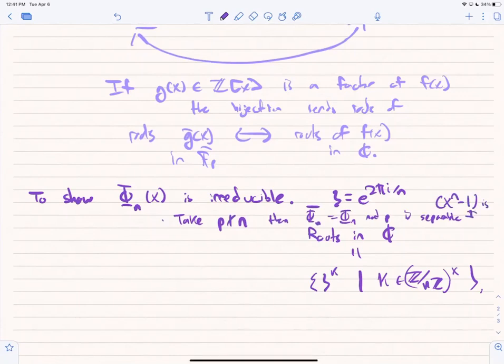So phi_n is in particular a divisor of x to the n minus 1, because the product is over primitive roots of unity, so in particular they're all nth roots of unity. And x to the n minus 1 is separable: you take its derivative, it's n times x to the n minus 1. As long as n is non-zero, the only root of that is 0, but 0 is not a root of this polynomial. So this is an argument we already saw. This polynomial is separable.